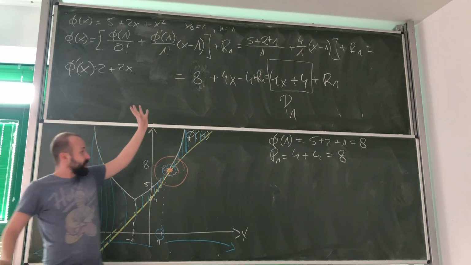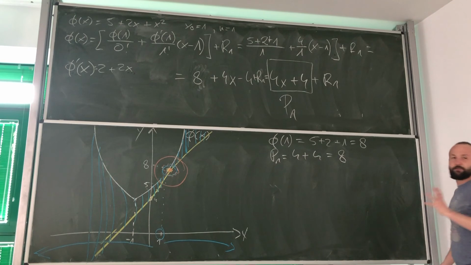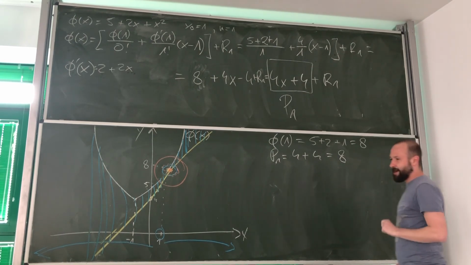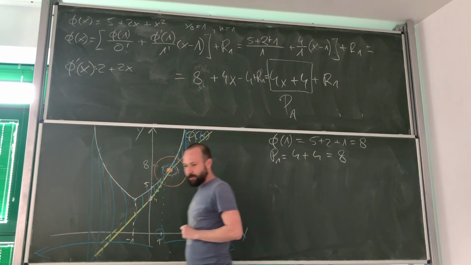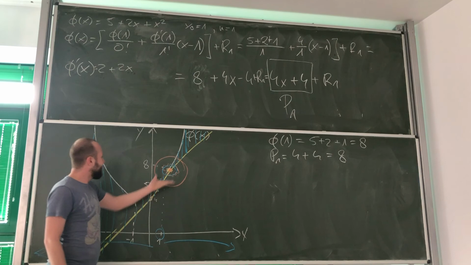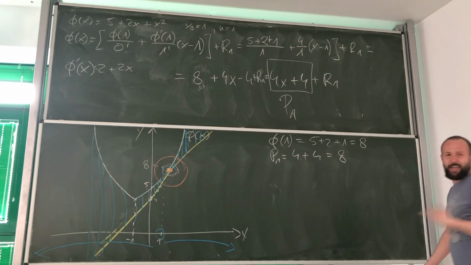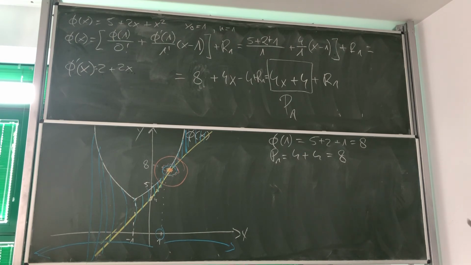Now, remainder. We haven't talked about this remainder much, because sometimes this remainder is interesting and sometimes it is not. Like in this case, the remainder doesn't have any meaningful interpretation, right?